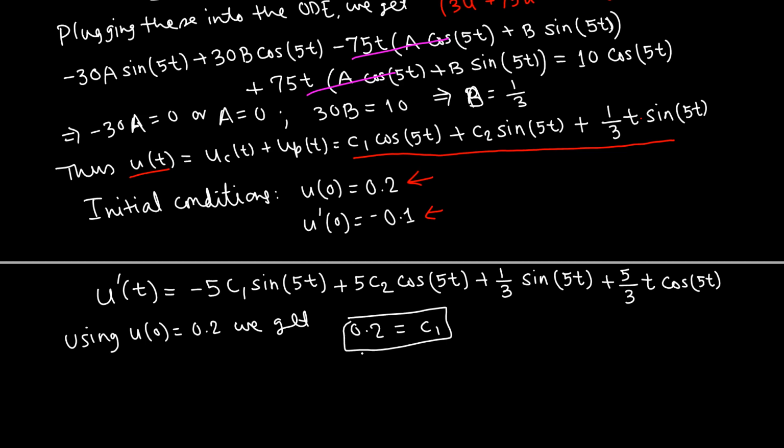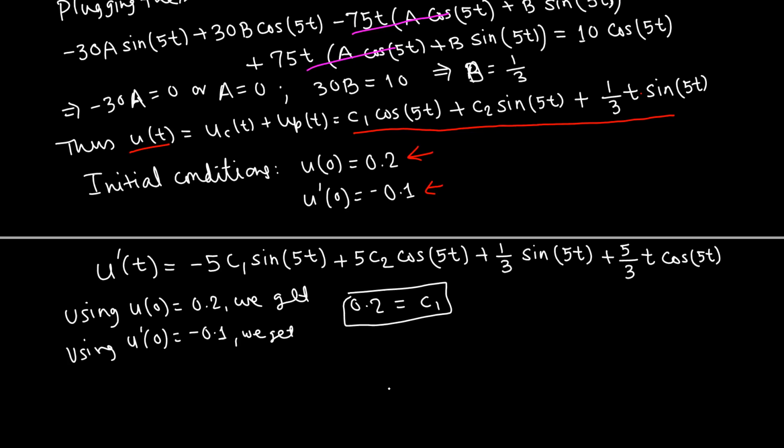And using the second initial condition, u prime at 0 equals negative 0.1, we get: u prime is negative 0.1 equals negative 5 c1 sine 0, because t is 0, so this is 0, plus 5 c2 cosine 0, that's 1, plus 1/3 sine 0, that's 0, 5/3 times 0, that's 0.